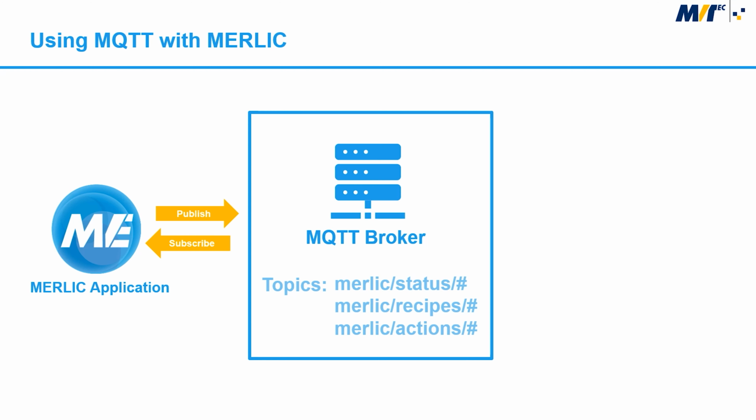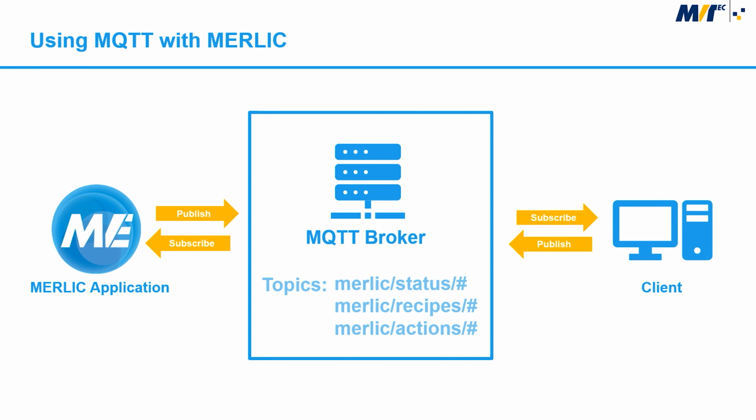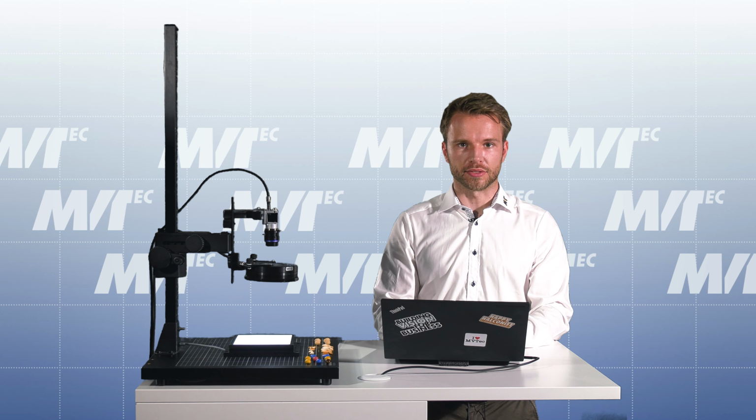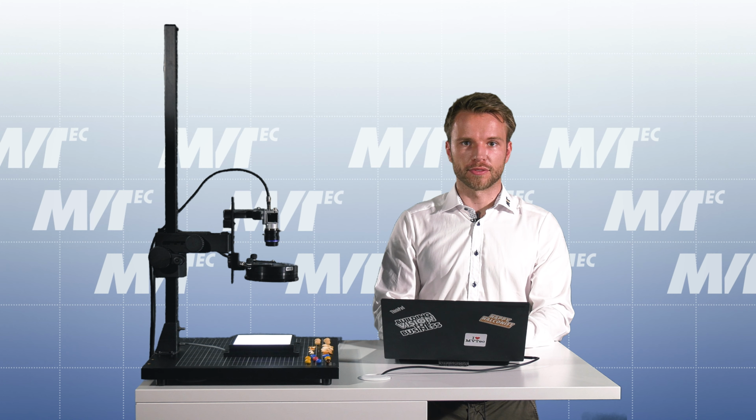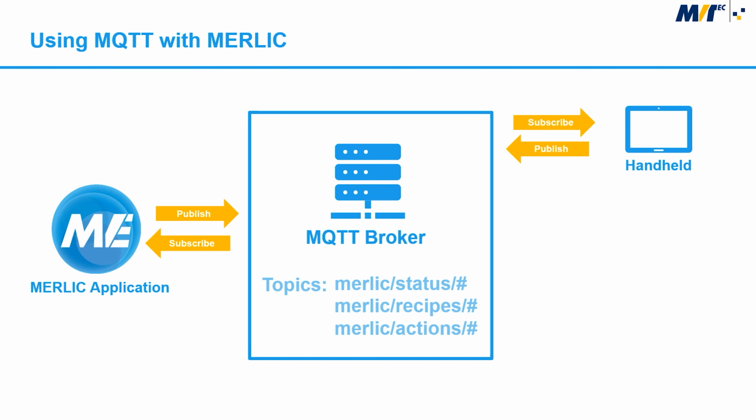The MERLIC vision application publishes messages like the status or results of the last execution. Other clients can connect to the topics of the MERLIC application as well and use the messages for further processing or publish other messages on different topics. A handheld device can subscribe to the MERLIC topics.